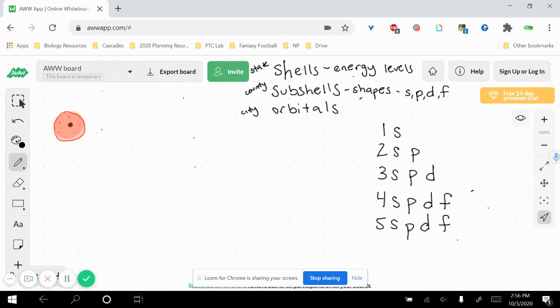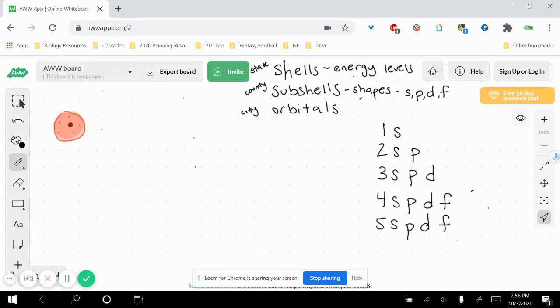You start off on level 1 with just an S subshell. At level 2, you have that S subshell still, but you also have a P subshell now. And then at shell 3, you have an S subshell, a P subshell, and a D subshell.